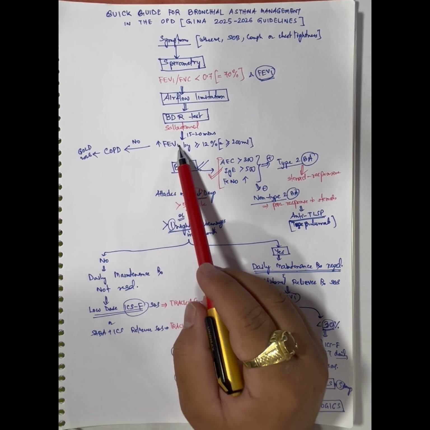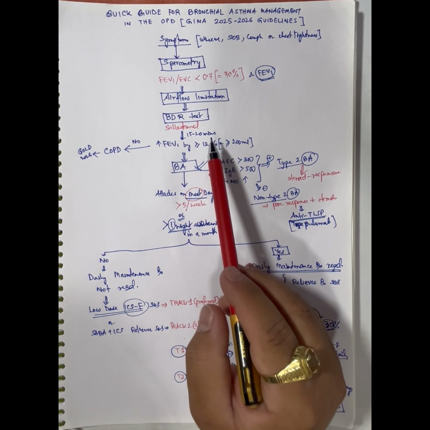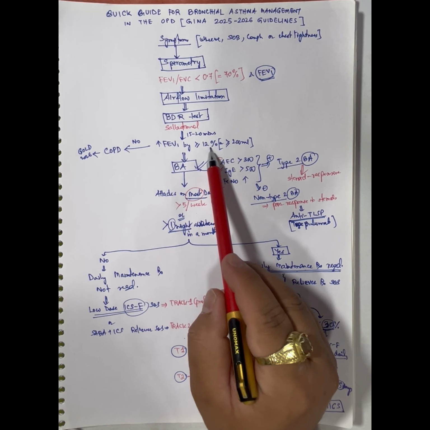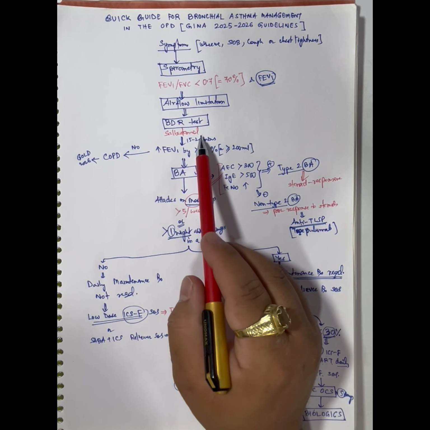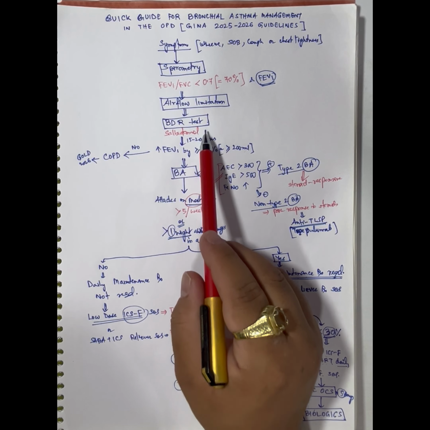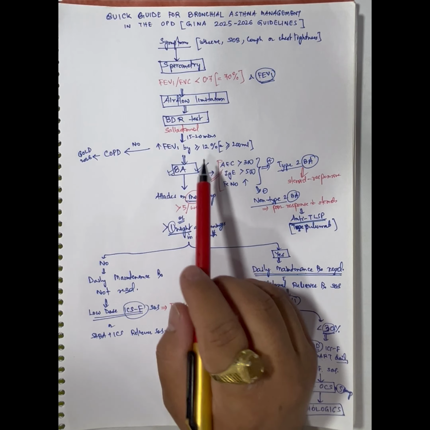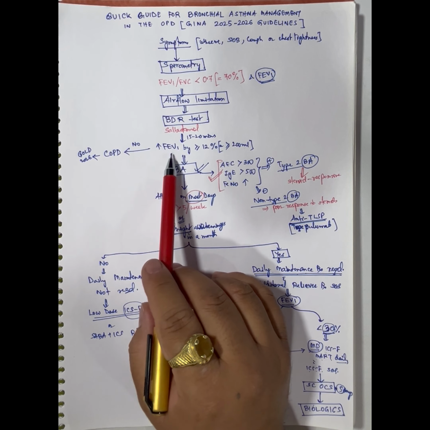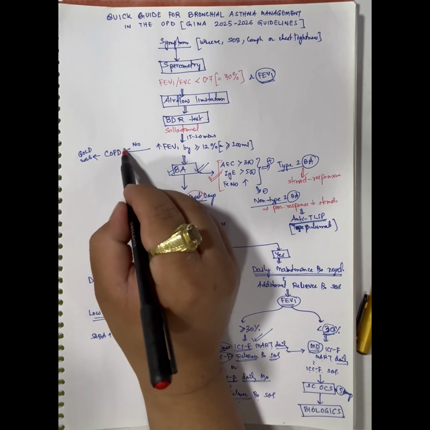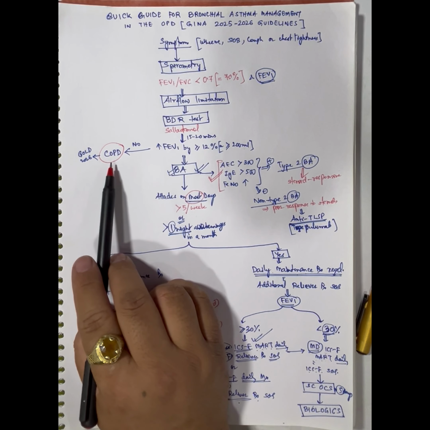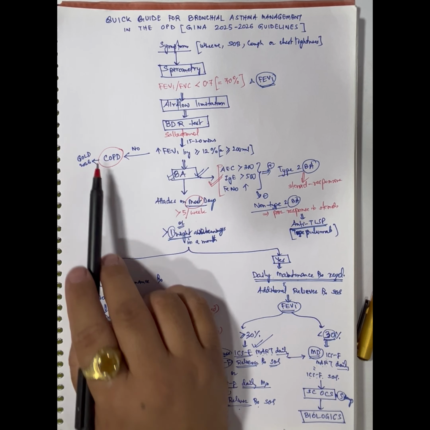If the new FEV1 is increased from the previous by more than or equal to 12% or more than or equal to 200 ml, the patient improved significantly with the salbutamol. This happens only in the case of bronchial asthma. If it didn't improve to that level, we are dealing with a case of COPD, right? If this is so, we will follow the COPD GOLD 2026 guidelines, right?